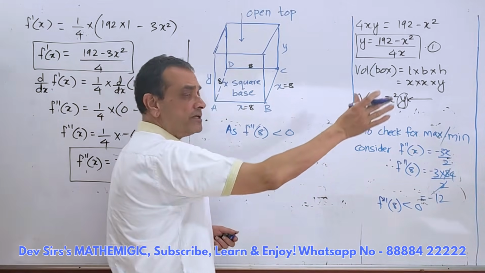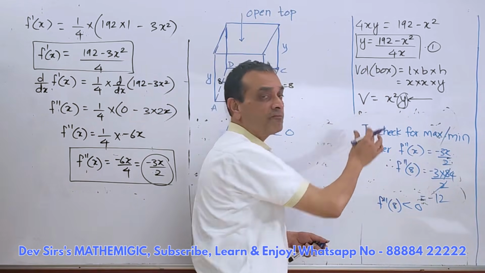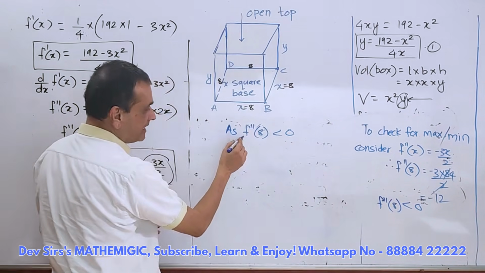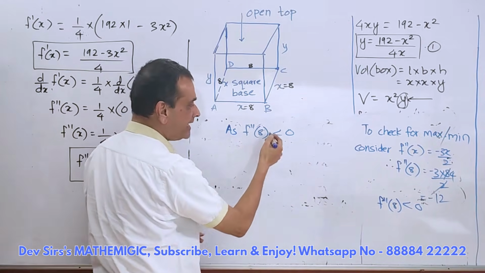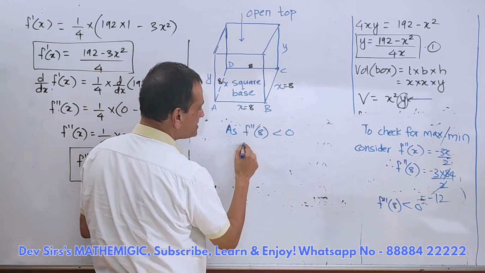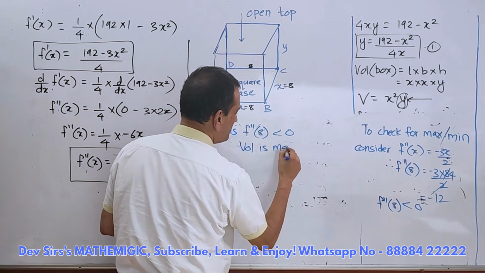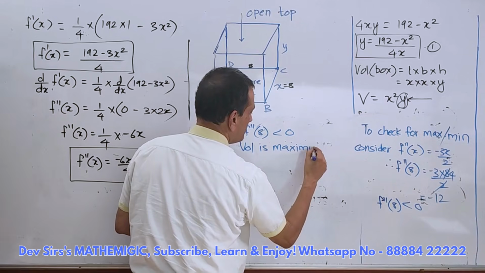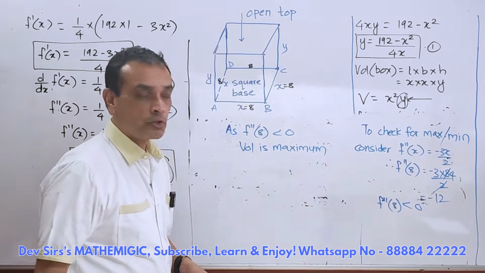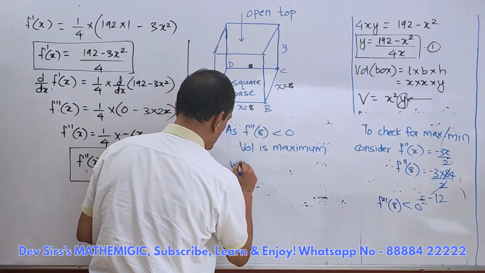What is the function? Initially I said volume is the function. So because f double dash x or f double dash 8 is less than 0, the function that is volume is maximum. That is what we wanted to show.